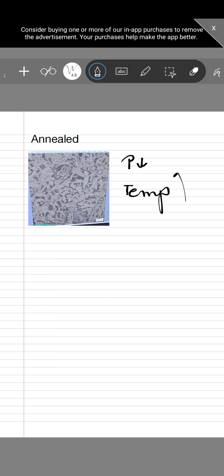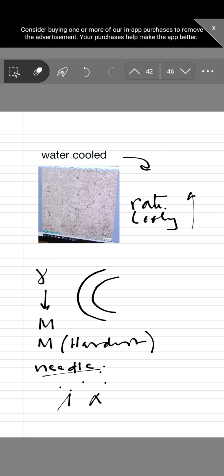Another thing is that the martensite formed, or a little bit of a combination of martensite and bainite, are needle shaped. That means they have very high stress concentrations at the tip.